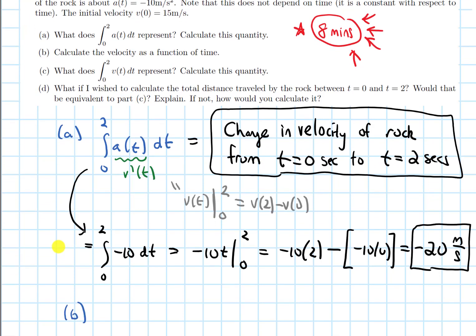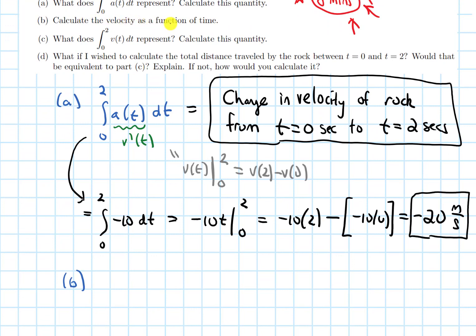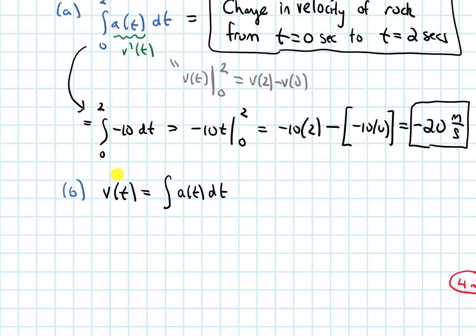Okay, so part B now asks to calculate the velocity as a function of time. If I want v of t, this will be an indefinite integral of acceleration dt. So we do the indefinite integral of negative 10 dt, and that's going to be negative 10t plus c, because the indefinite integral means it's a general antiderivative.